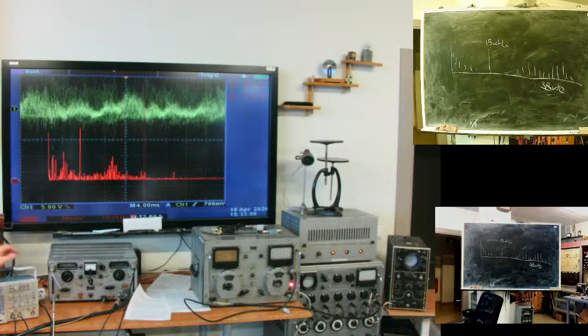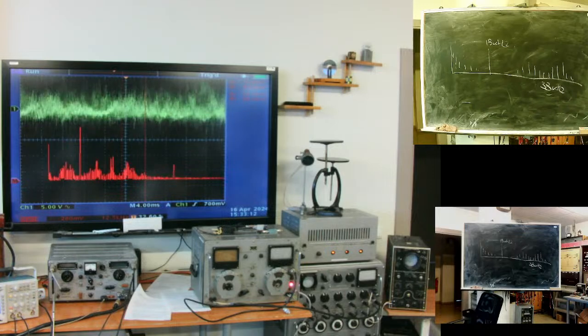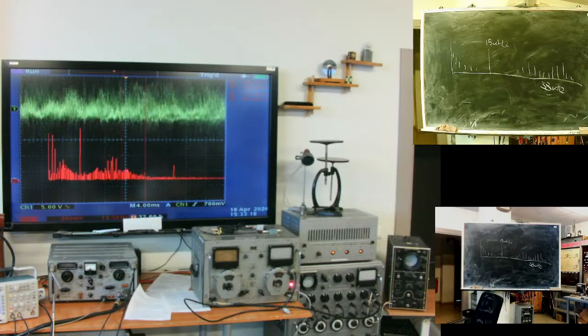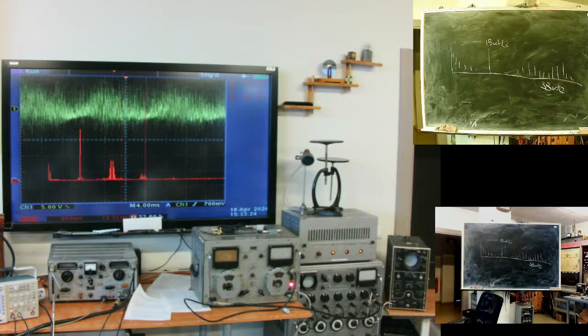See, 57.3. Actually, I need 58. I need this. You see? Two small pillars around my cursor. It's RDS, a data channel transmitting the station name.